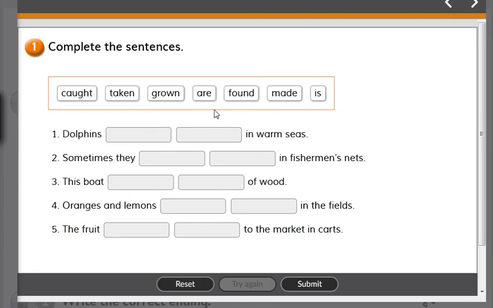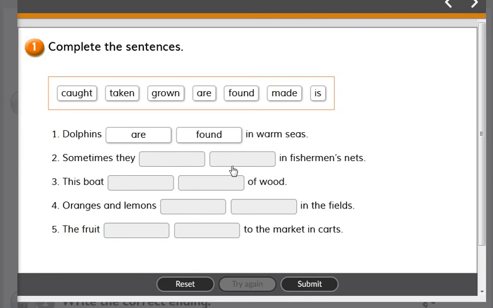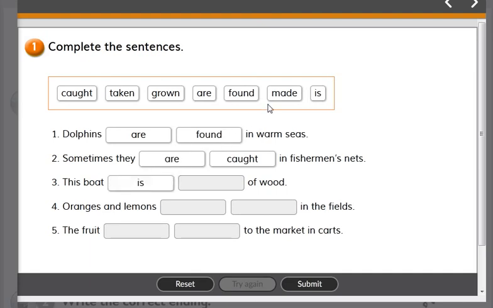And after that, we can say are found. Sometimes they are caught in fishermen's nets. And the boat is made of wood. Oranges and lemons are grown, which is the past participle of grow. The fruit is taken to the market in carts.